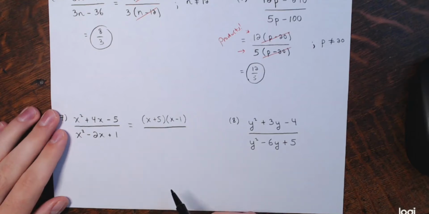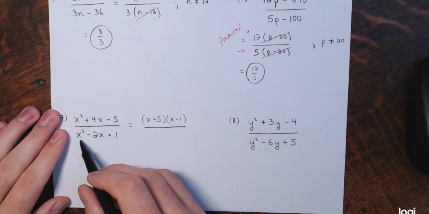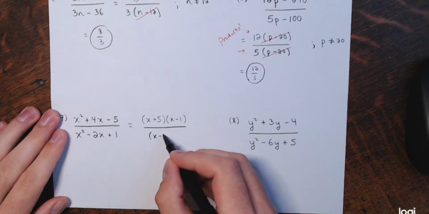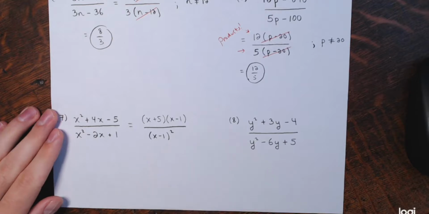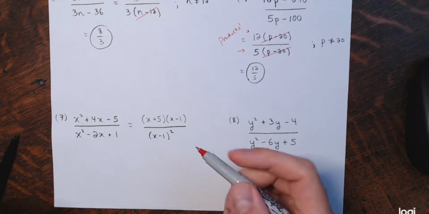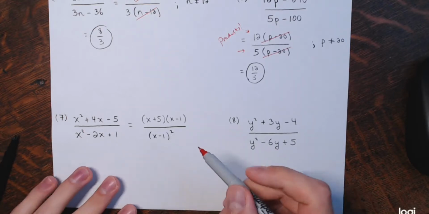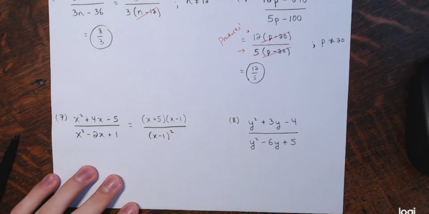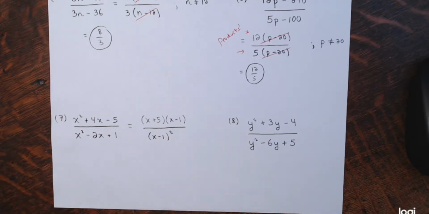The denominator, x squared minus 2x plus 1, is x minus 1 squared. It's x minus 1 times x minus 1. And like I said, I'm going to stop listing every single little factor. Now I've factored the numerator and denominator completely.